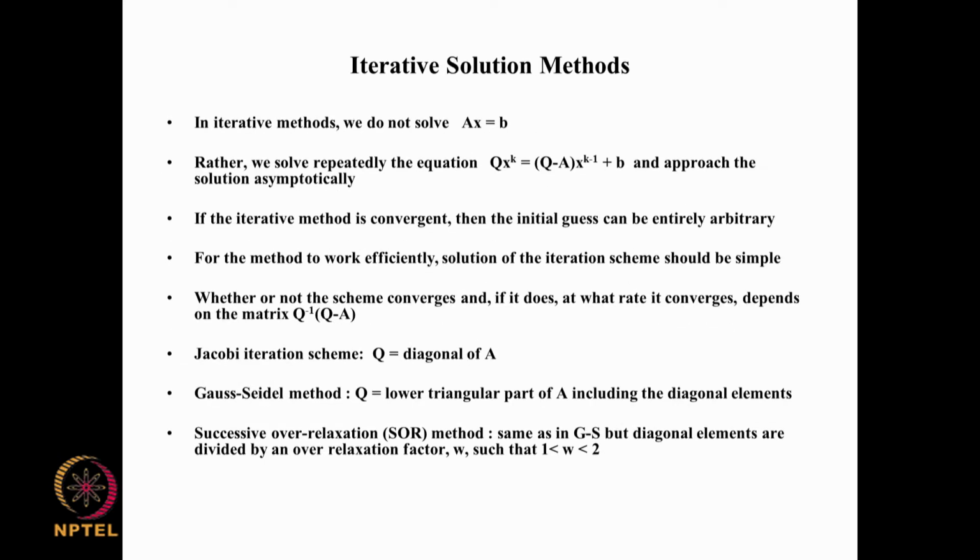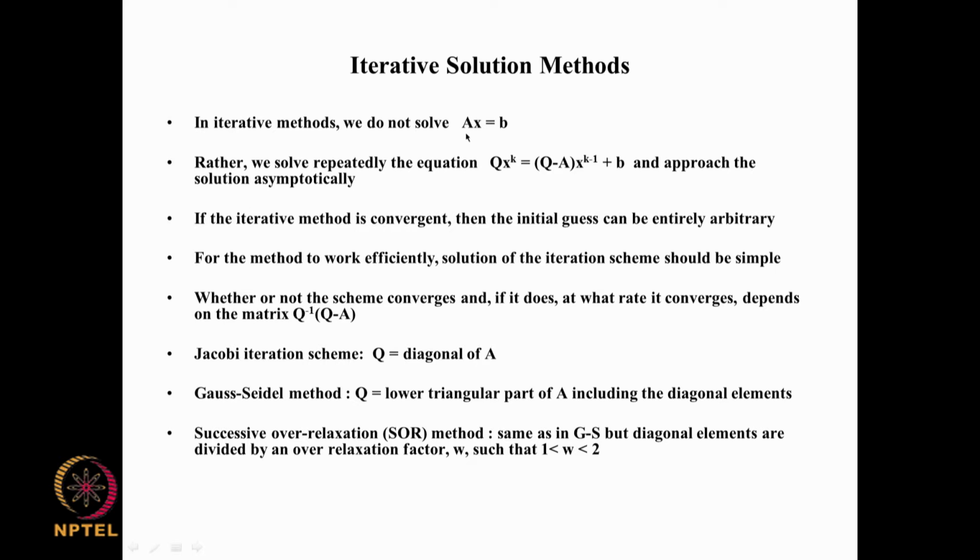In the iterative methods, we solve Ax equal to b in a quirky way, in a strange way, in what seems to be a much more difficult and roundabout way.